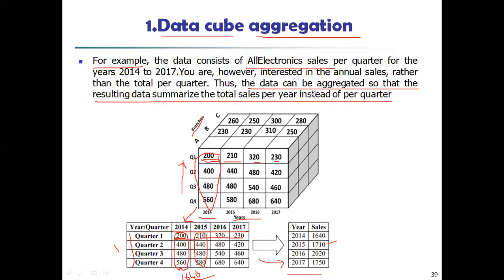The data can be aggregated so that the resulting data summarize the total sales per year instead of per quarter. Here the representation is in the form of quarters. Whenever we perform the aggregation operation, this data is automatically summarized as year data. This is the data cube aggregation here. Is it clear?